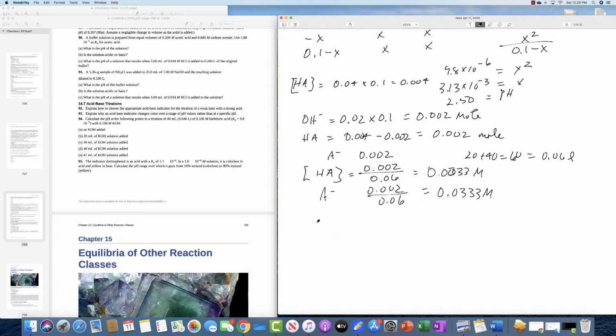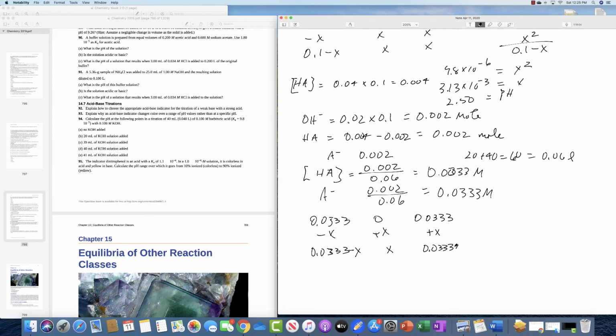So if you do your table, you have 0.0333, 0, and 0.0333. You're going to add X on this side. You're going to add X here and subtract X here. So you have 0.0333 minus X, X, and 0.0333 plus X.